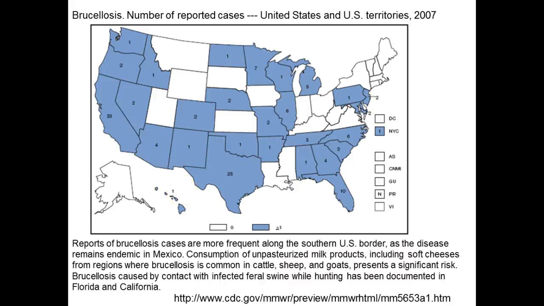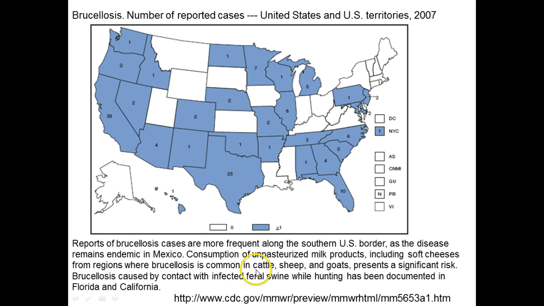The numbers tell you. Texas and California. So the most cattle, therefore these are human cases. But your likelihood of getting this infection greatly increases the more exposure you have to these animals. So these are our big states when it comes to brucellosis.